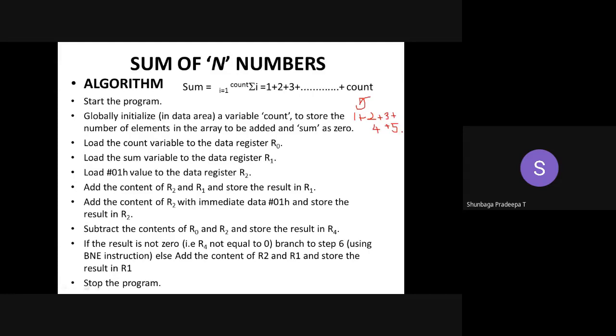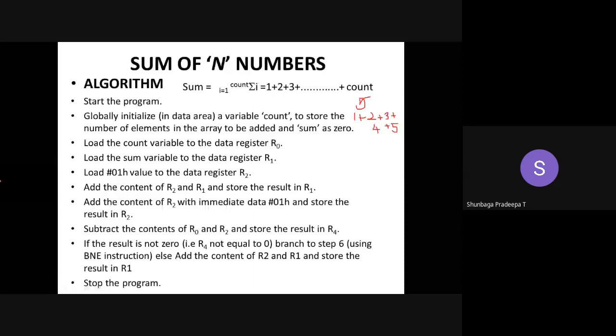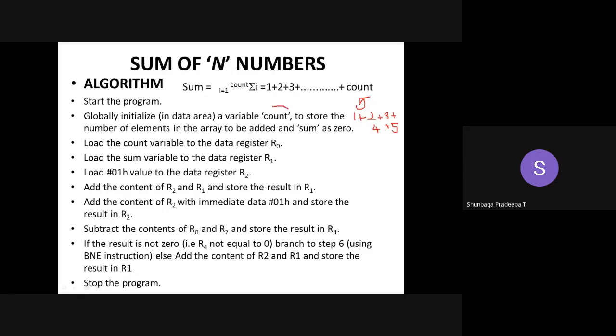So how to do it? First we can initialize the value count, that is, till what number we have to add. That is mainly important. You need 2 variables, one to have the sum, so let us initialize it to 0.